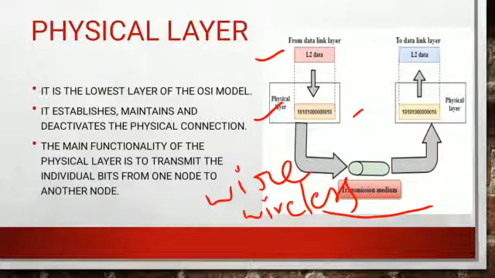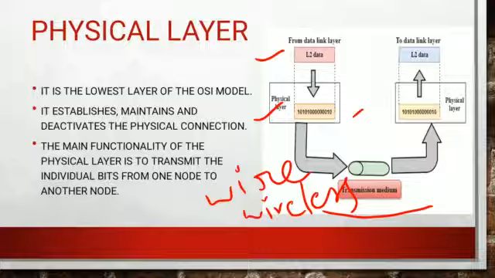For example, for wire and wireless: through wire, if in one system some data is there, some file or some images are saved, and you want to share that information from one system to another system, you simply connect through a cable. Through a USB cable, you connect one device to another device, and simply copy the data from one device and move it to the other device.